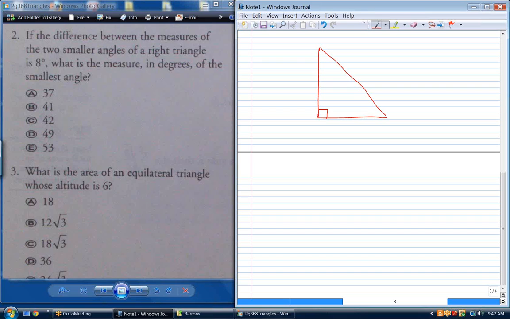Okay, well, if the difference between the measures of the two smaller angles is 8 degrees, I know that together they have to equal 90 degrees.